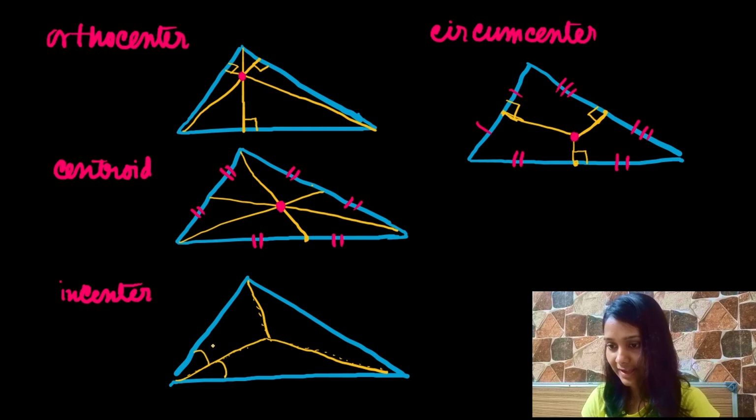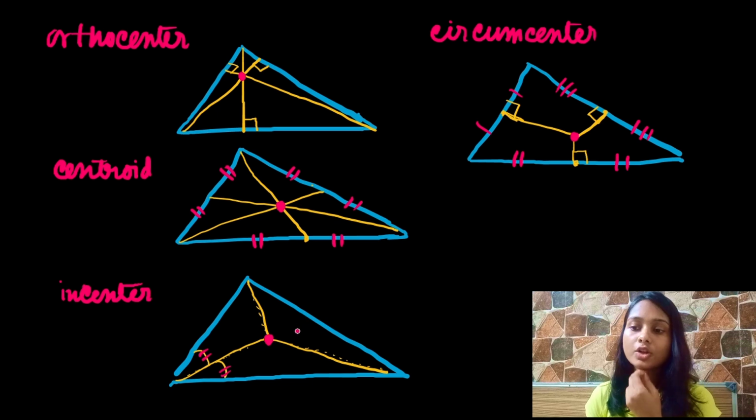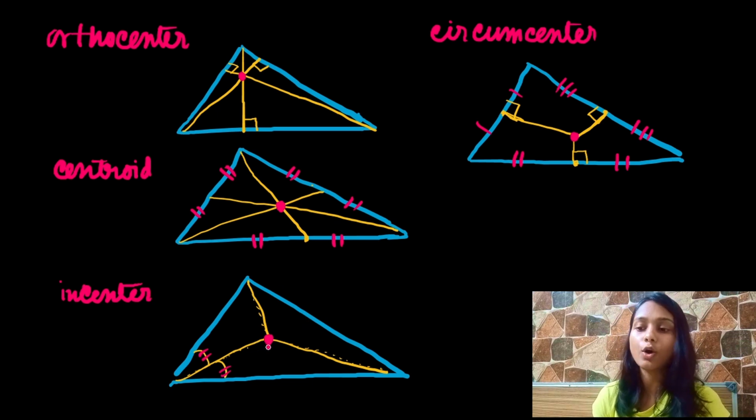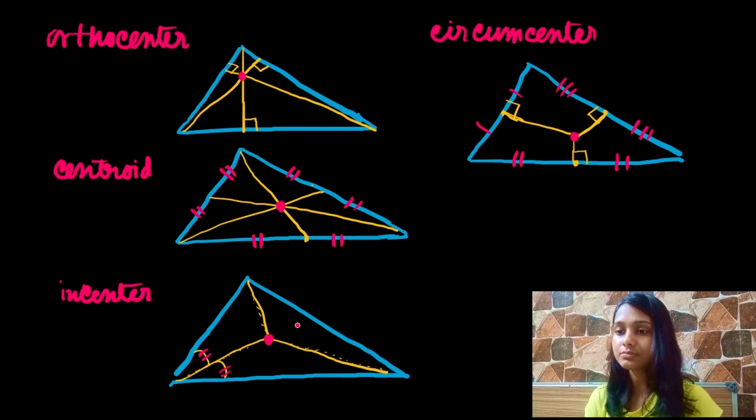So these angles are equal. Okay, so this is the incenter. So incenter means the intersection point of the angle bisectors. Also the circle which is inscribed within this triangle, the center of that circle is also called the incenter.